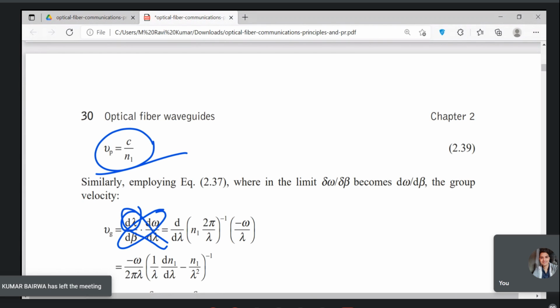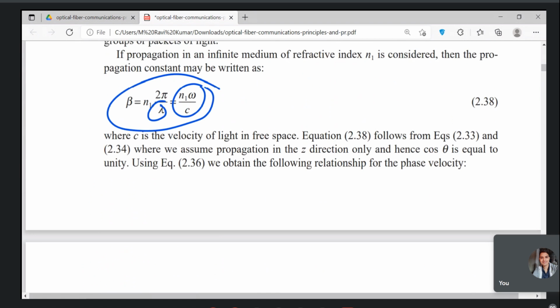I hope you're able to understand this. Omega is d by d lambda. If you look at this, beta is n1 2 pi by lambda. Here you can say lambda is n1 2 pi by beta, right? And from that you can get d lambda by d beta.